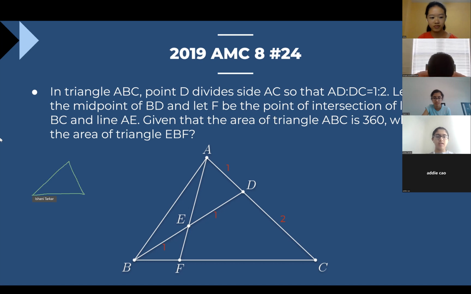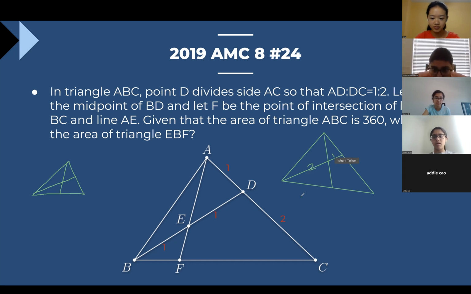If I have a triangle, and say, for example, the ratio of this length to this length is 2 to 1, that would also mean that the altitude would have a ratio of 2 here to 1 here.